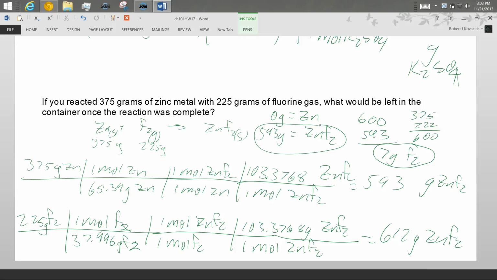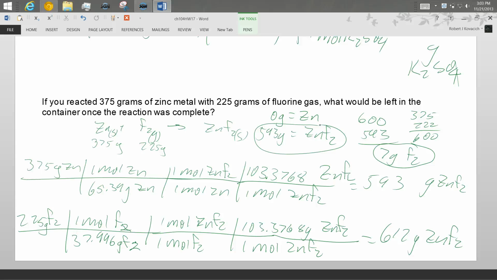Because the product's pure. Well, I have fluorine, so it's not pure, but okay, so I could open the container up to the atmosphere and what would happen? The fluorine gas would just leave, and what would be left in the container? Just my zinc fluoride, right?